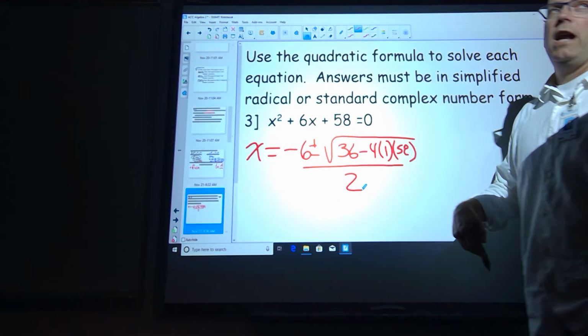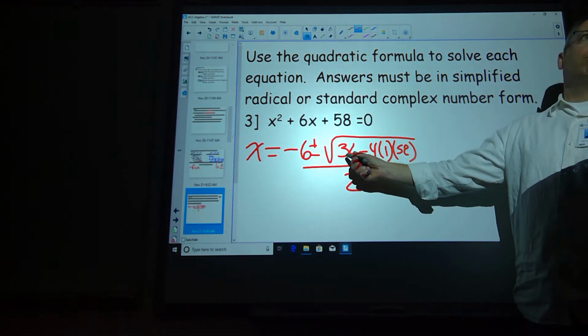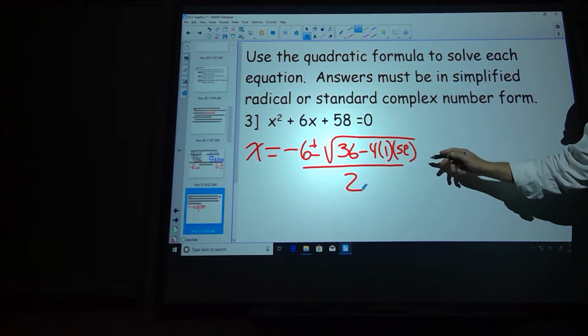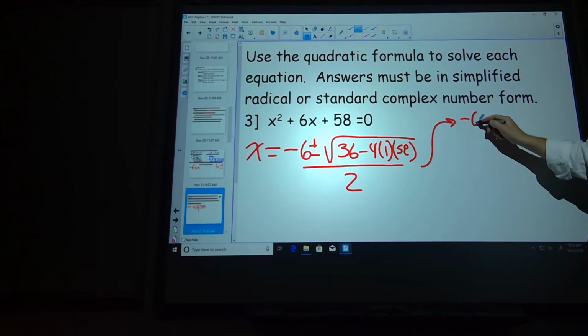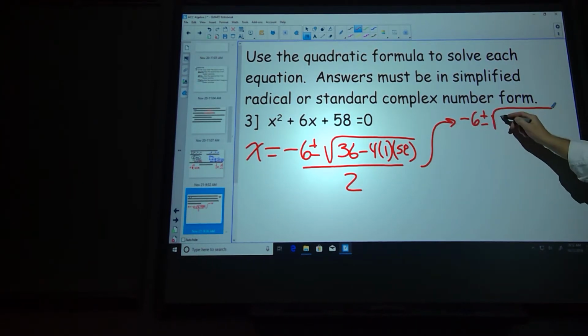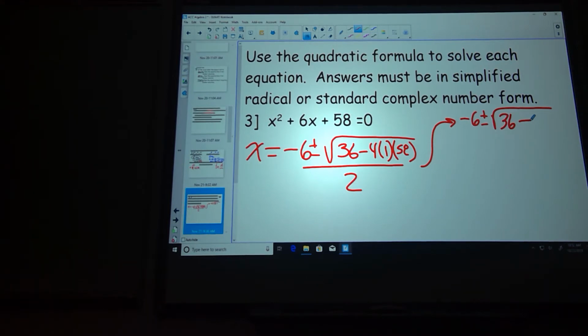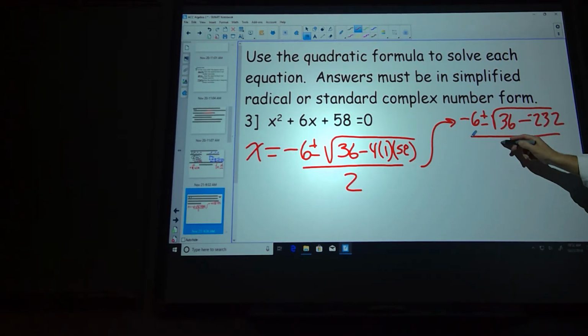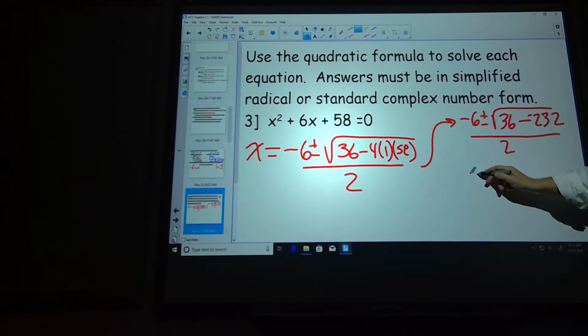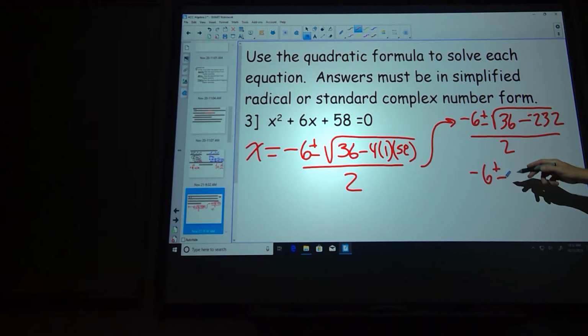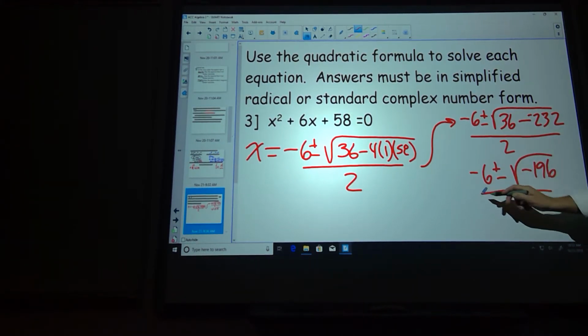Did I do b squared? Yeah, it's 36. So negative 6 plus or minus the square root of 36 minus 116, negative 232. Negative 232 over 2. Negative 6 plus or minus the square root of negative 196 over 2.